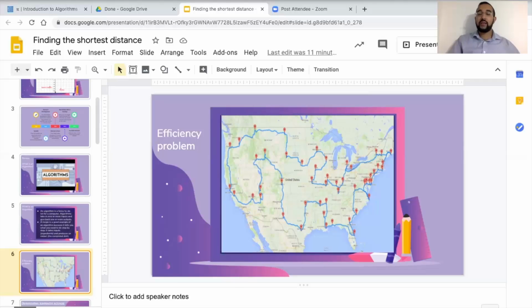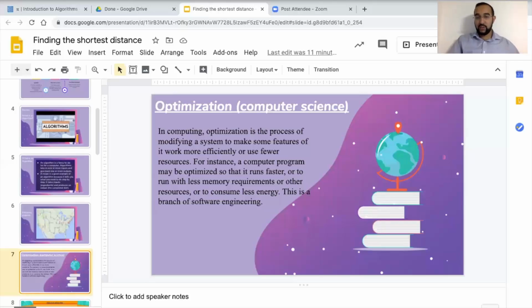So you talk about how you can find the most efficient route, the cheapest route, or the one that takes the fewest time. You have a little discussion about that. Then you move on to asking students how optimization works. Computer science is all about optimization.